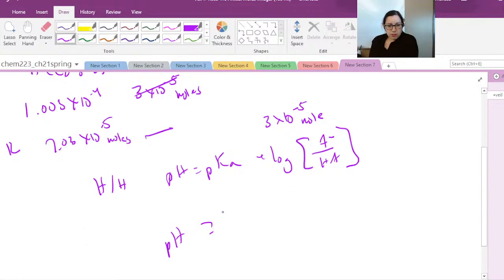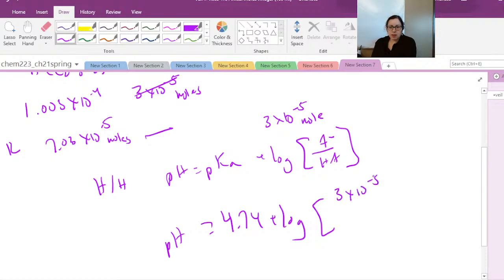So pH equals 4.74 plus my log. And again, now we can just take the moles because, like we said, the volume cancels. So 3 times 10 to the negative fifth over 7.03 times 10 to the negative fifth.